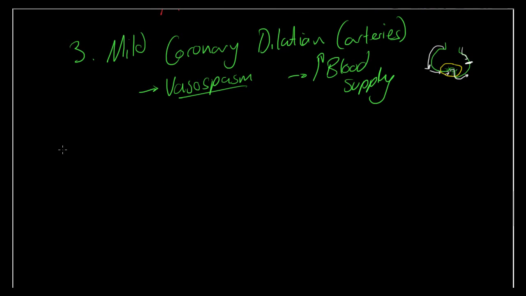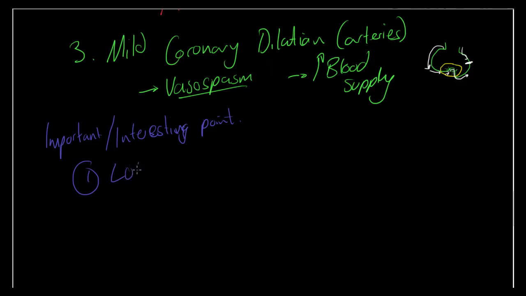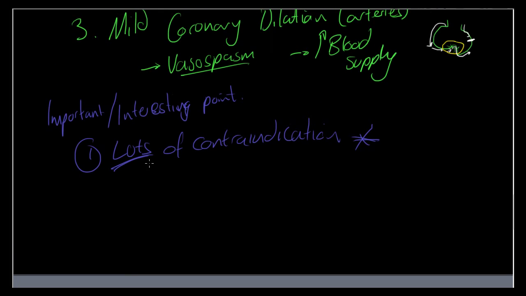Now, I just wanted to finish with a couple of more interesting points of GTN. So we've got lots of contraindications. I think I might make another video on all of the contraindications and why they're there and why we can't give it.